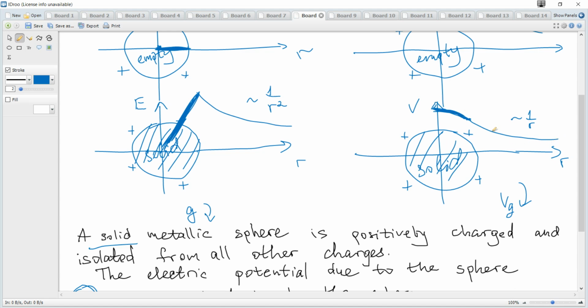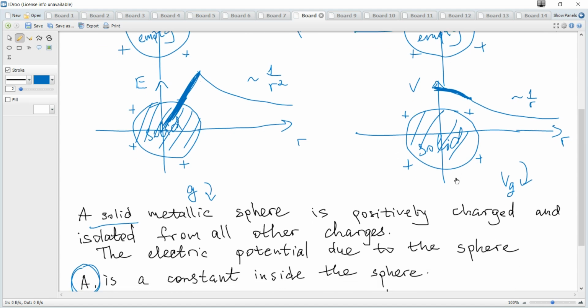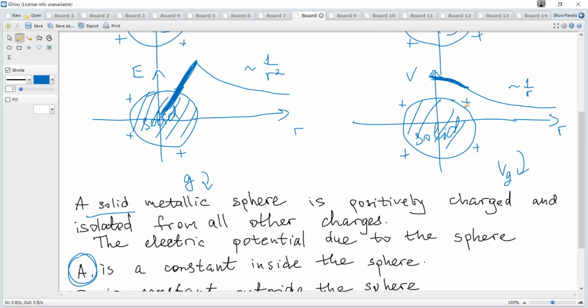If we consider from the center, and r increases, not inside the sphere only, but if we consider inside the sphere only, you can see that it decreases from some value to some value. So when it is positively charged and not empty inside, and if we consider inside only, yes, on the surface it will be the smallest value, but overall you can see that it continues to decrease as 1 over r.